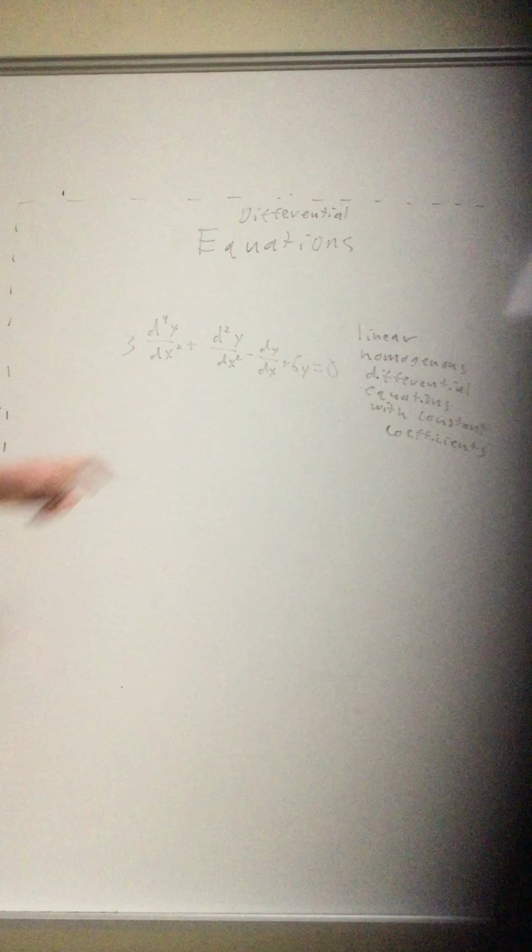This is a very complicated differential equation that we're probably never going to be able to solve, but we can talk about it. What is its order? Well, this is 100th order.